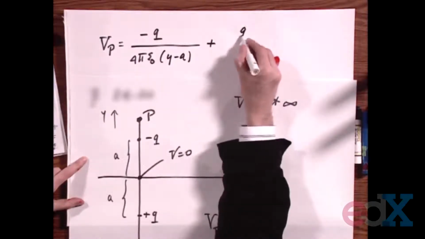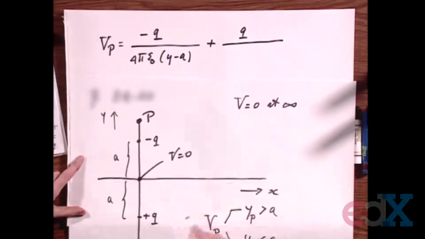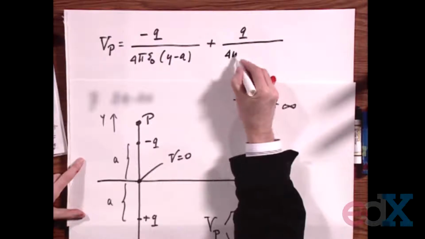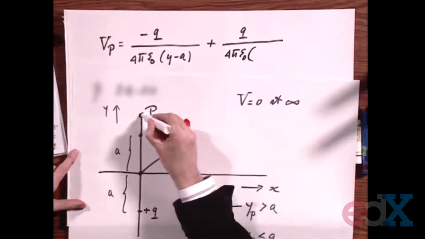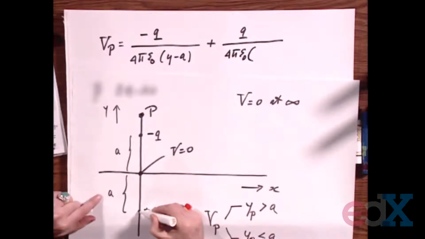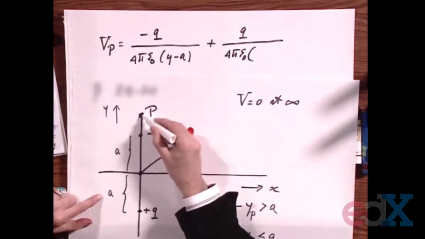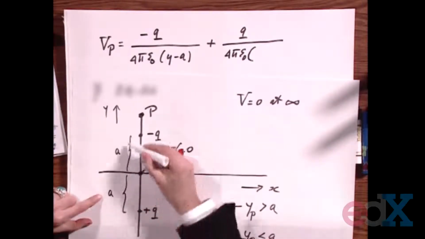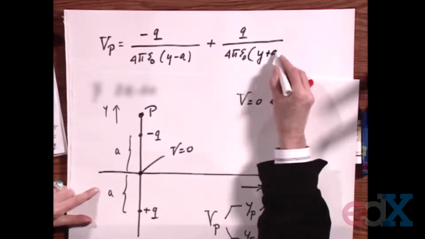Plus, because this has a plus charge, plus q divided by 4 pi epsilon 0 times the distance from here to here. Now the distance from here to here equals a plus y. So we get y plus a.